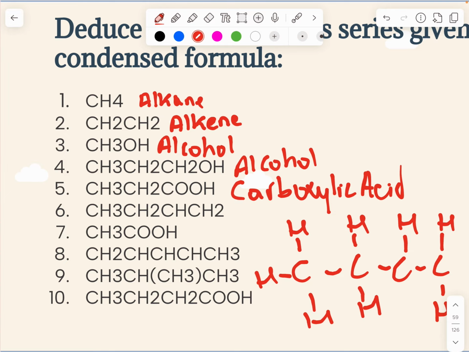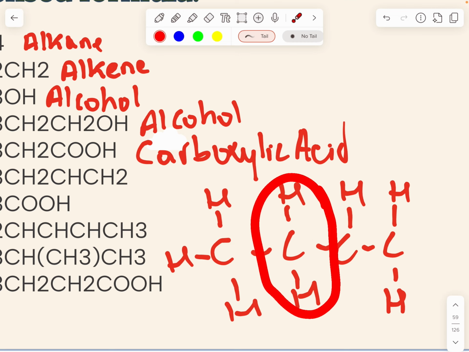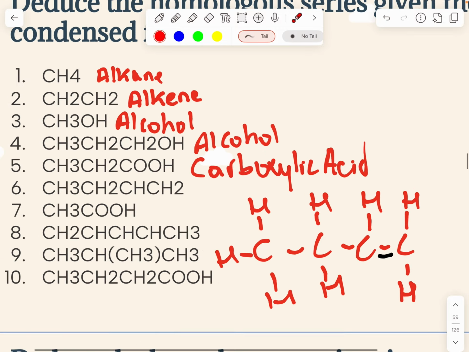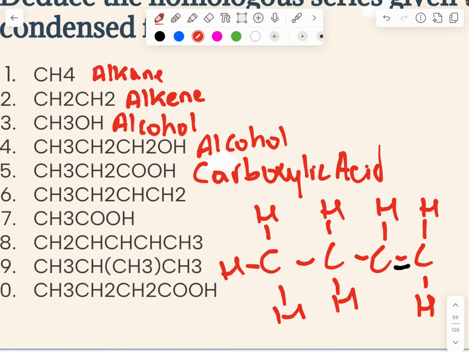So the first carbon has 1, 2, 3, 4, so that would be correct. Second carbon 1, 2, 3, 4, that would be correct right there. Third carbon 1, 2, 3. So what we're going to do, since over on this side has full, it cannot hold anymore, we're going to do another dash right here. So it now becomes 1, 2, 3, 4, and now the fourth carbon has 1, 2, 3, 4. And because of this double bond, our compound is an alkene.